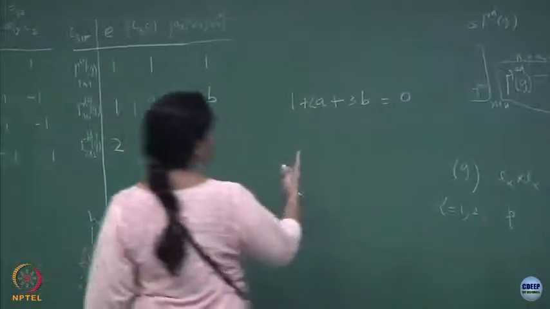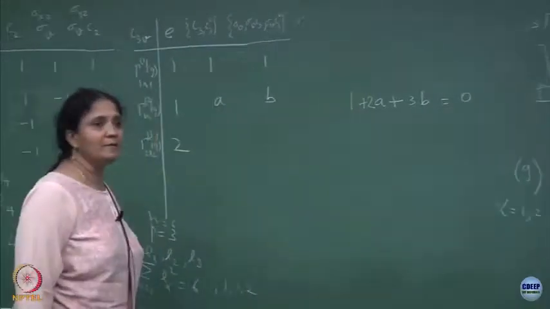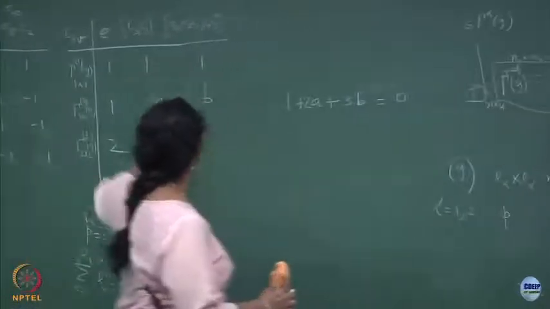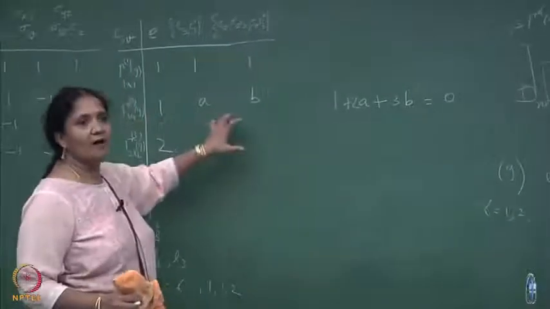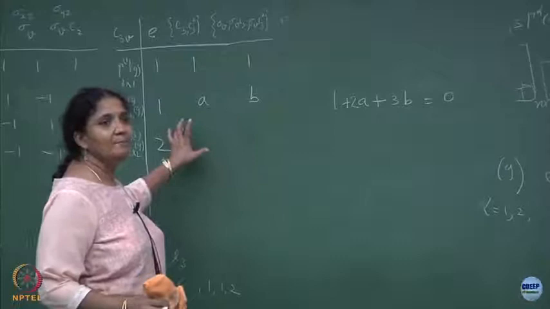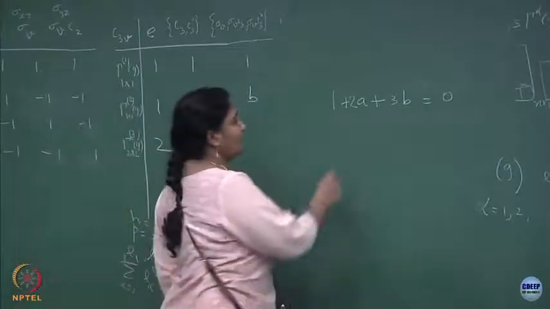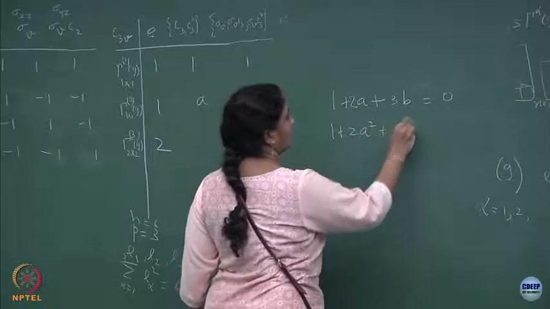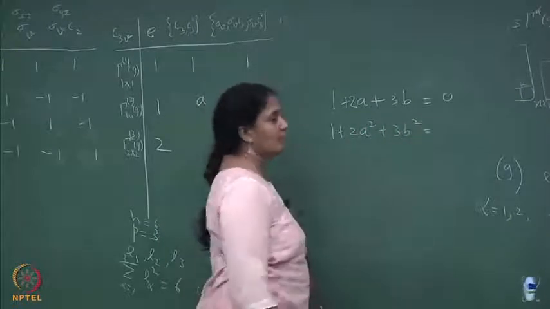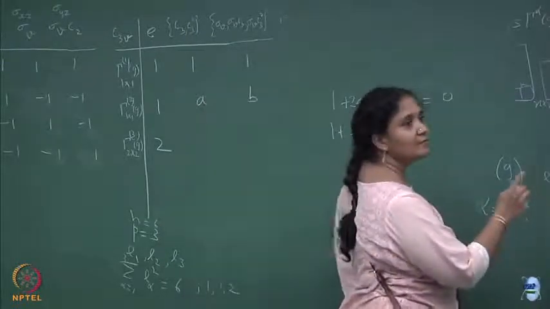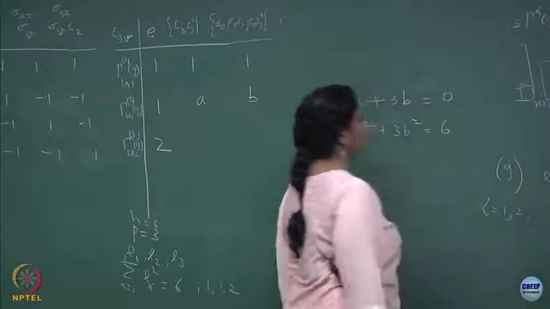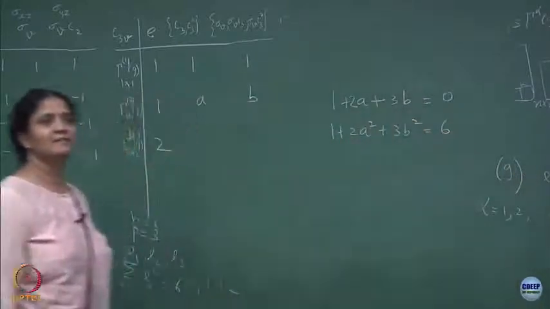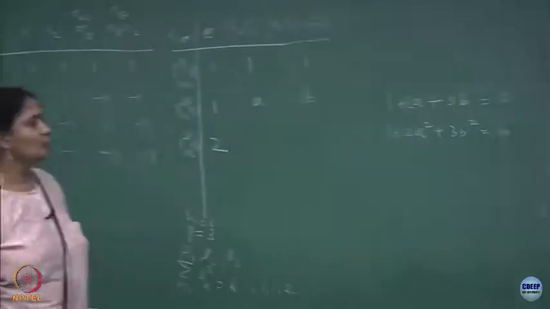There is also one more requirement. What is the other requirement? You could just take this particular row alpha and beta to be same, then it has to be 6. Okay. So, you have two conditions and then figure out what is the best.